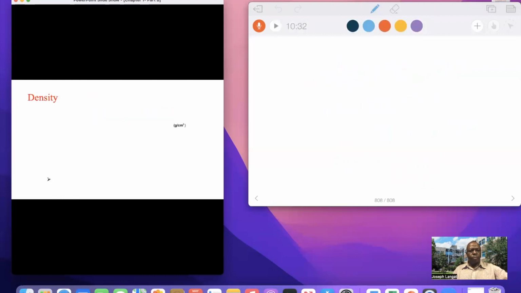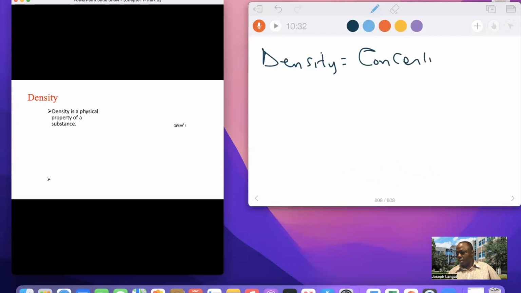Let's see. There is an important property of matter we call density. It is the concentration of matter. Density is just defined as the concentration of matter.